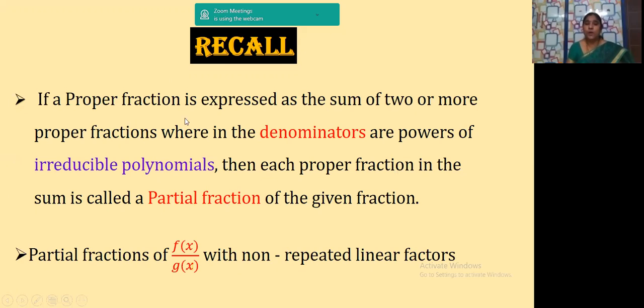If any proper fraction f of x by g of x is split into a sum of two or more fractions, the denominators should be irreducible polynomials. Then each term in the sum is called a partial fraction.